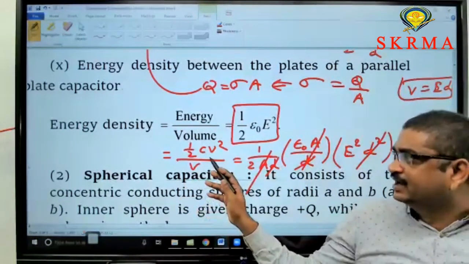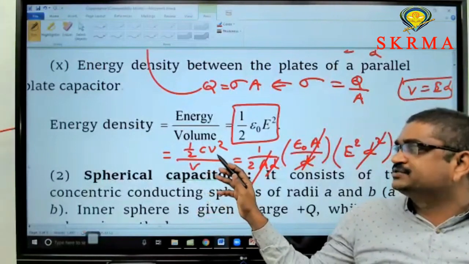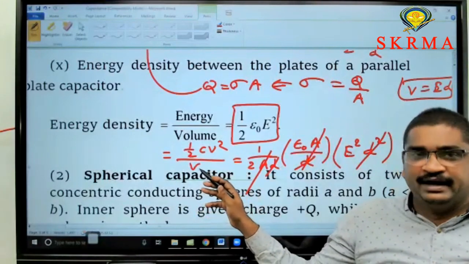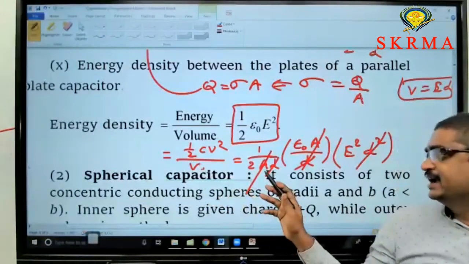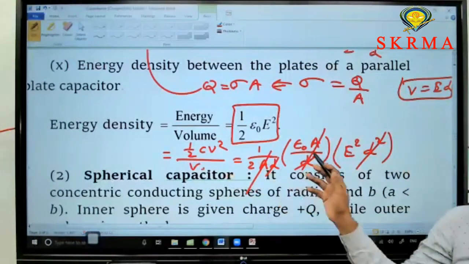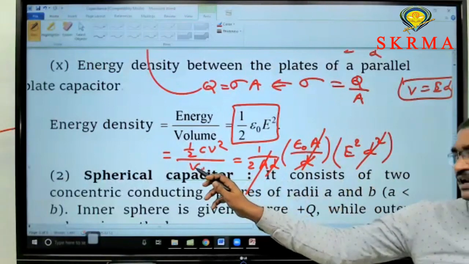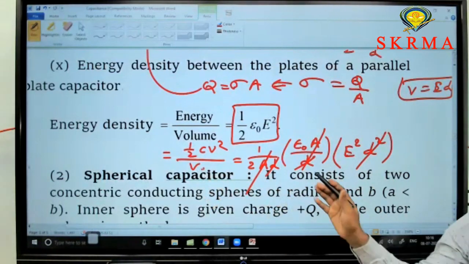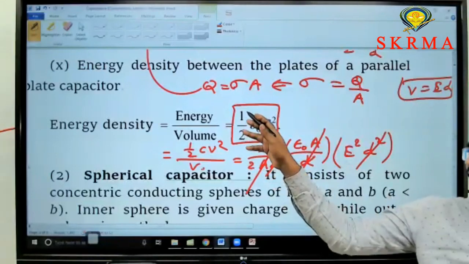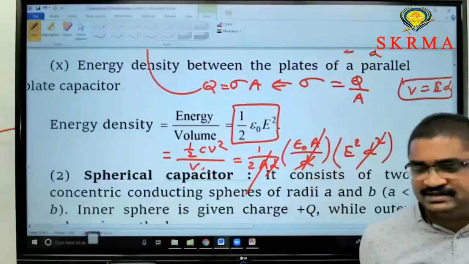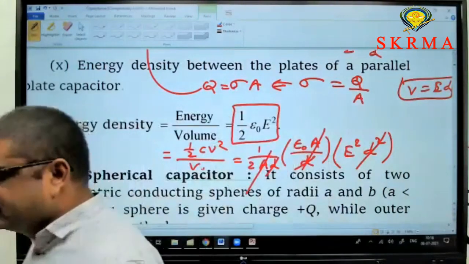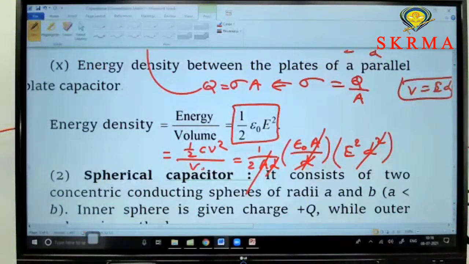Half CV square. Substitute C value as epsilon naught A by D, V as E into D, and volume as area into distance. Then cancel similar terms, and you will get half epsilon naught E square as energy density. Energy density means energy per unit volume. Is this clear?